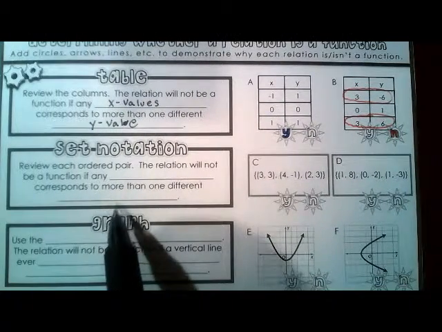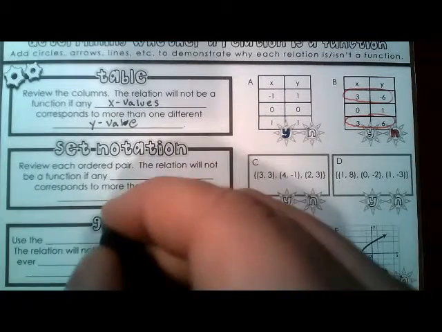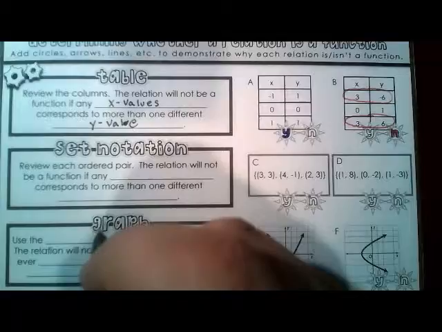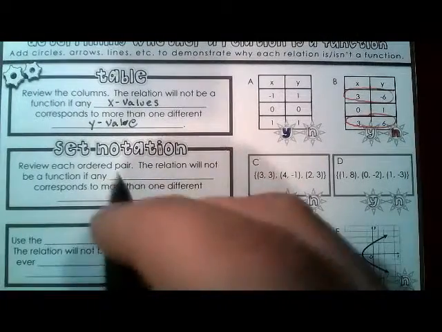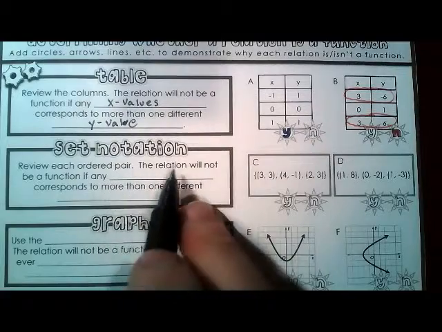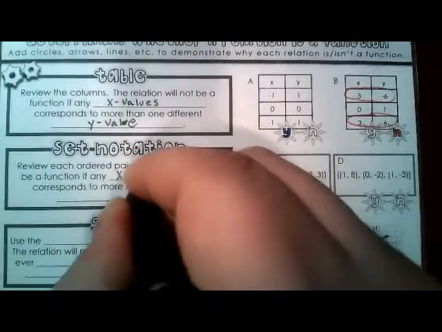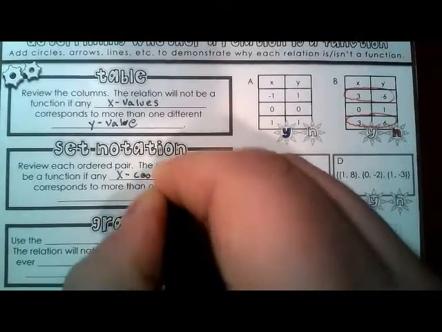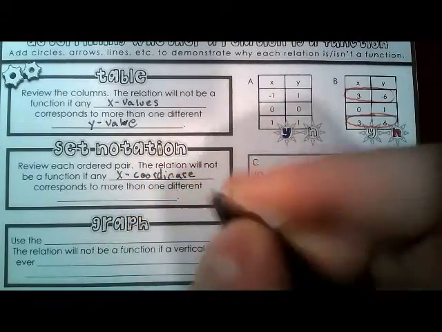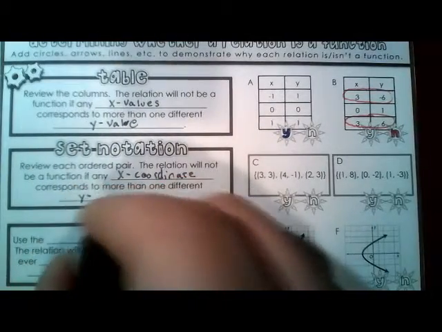And when you're looking at set notation, you're not looking at the x value, you're actually looking at the x coordinate. Okay? So you're going to review each ordered pair. The relation will not be a function if any x coordinate corresponds to more than one different y coordinate.